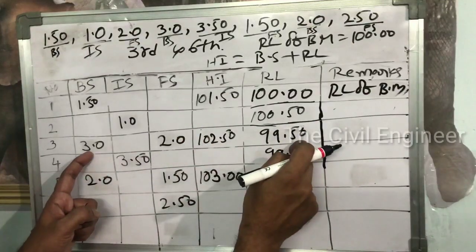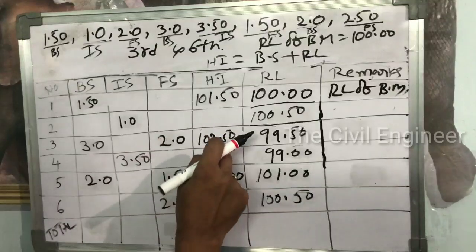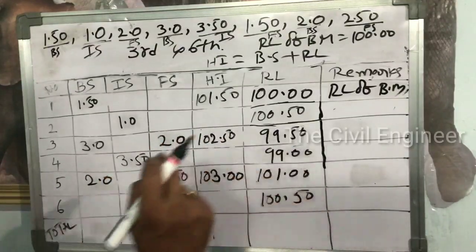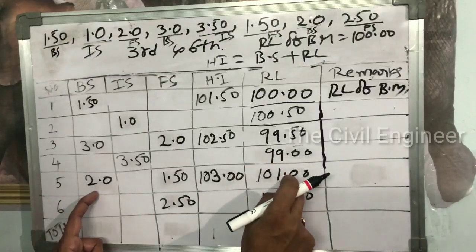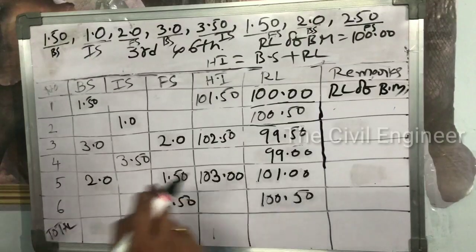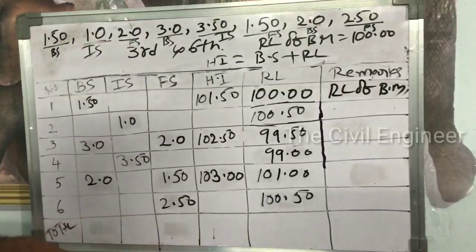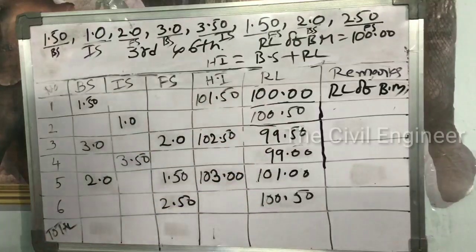Again RL plus backside gives a new HI value, then HI minus IS gives RL, HI minus FS gives RL. Again RL plus backside, new HI, HI minus FS is equal to RL. In such a way, we have to find all the RLs of the points.